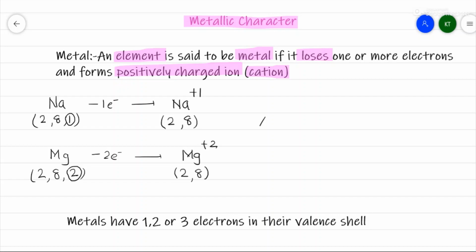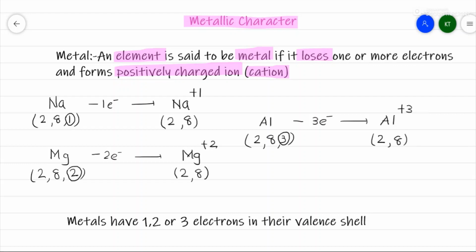Then I have aluminium, atomic number 13, electronic configuration 2, 8, 3. Aluminium shows a tendency to lose these 3 electrons from its valence shell and gets converted into Al plus 3 ion and attains the electronic configuration of the nearest noble gas, that's neon.